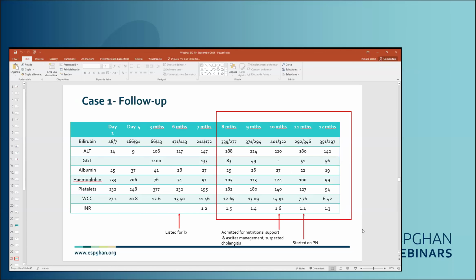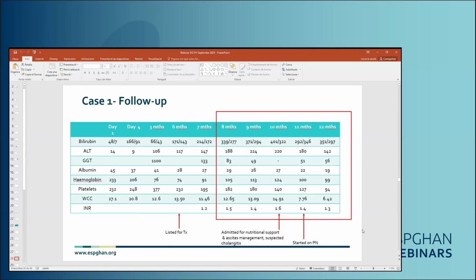So I've put the follow-up blood results in the table just to illustrate his progress. As you can see, this is a child that didn't clear their jaundice. And at around 6 months of age, when it became apparent that they weren't going to clear their jaundice, we enlisted them for transplantation.